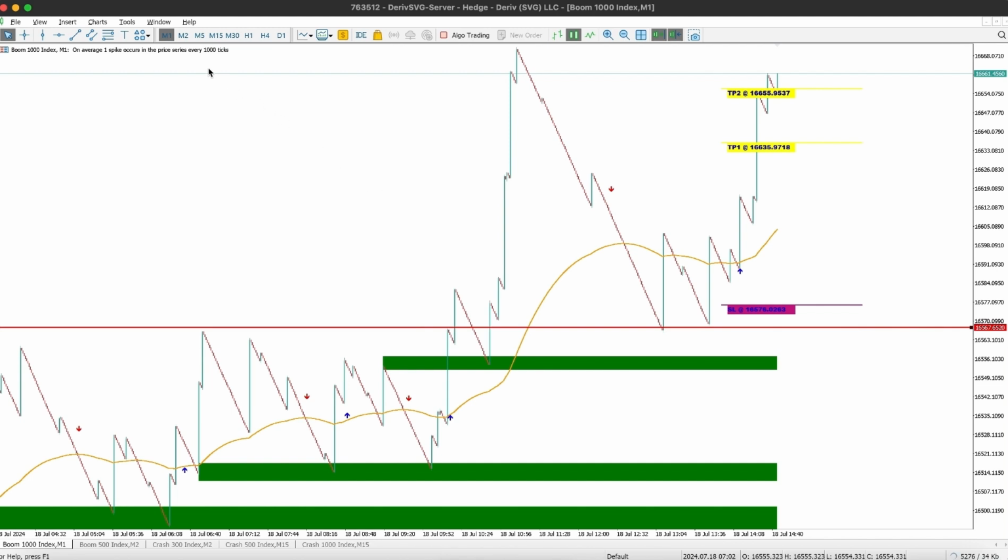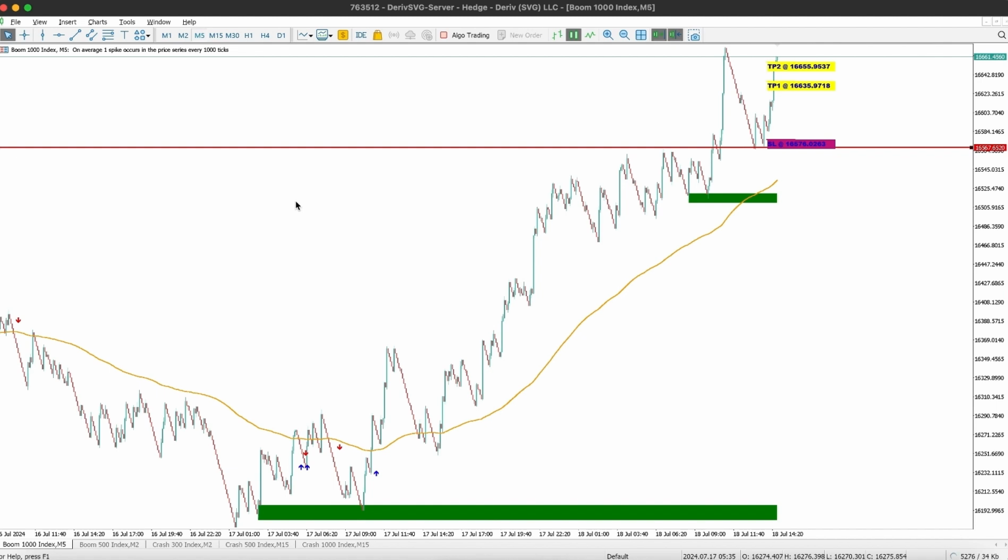Now, like I told you in the other video, this method is the same. Even if you're using M1, M2, M5, it's the same method. So like I talked about in the other video, if you're new, you haven't been trading for a very long time, or you're just starting out with the system, you want to use your M5 time frame. I use M1 because I've been trading for a really long time, and we know that in M1 there's more activity, there are more signals, more things going on.